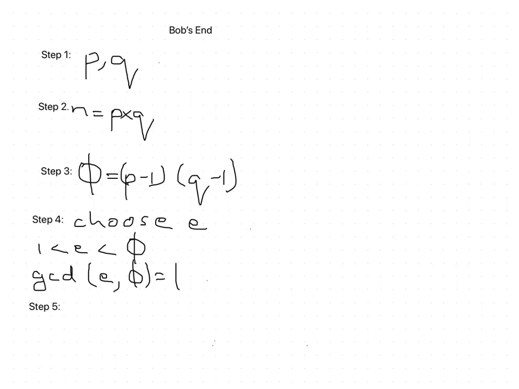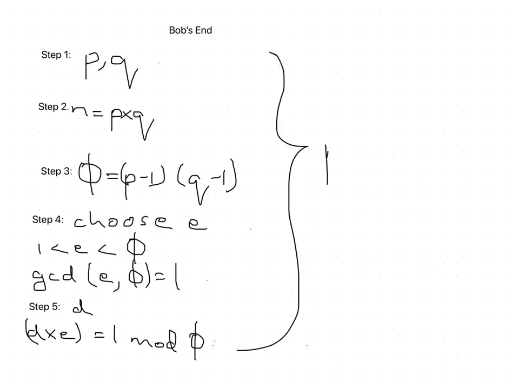After he chooses E, he will calculate D based on the equation that the product of D and E is equal to 1 mod phi. These are the steps that happen on the receiver's end, which in this case is Bob.